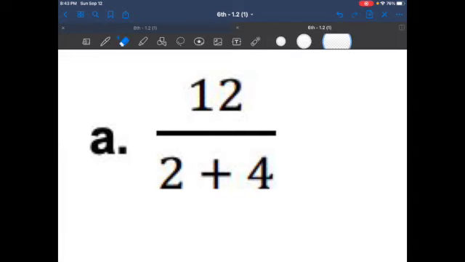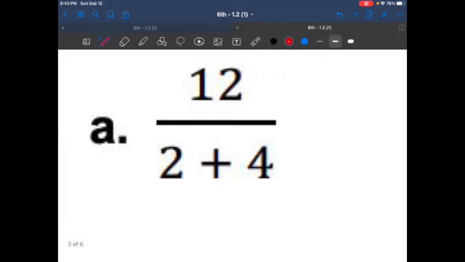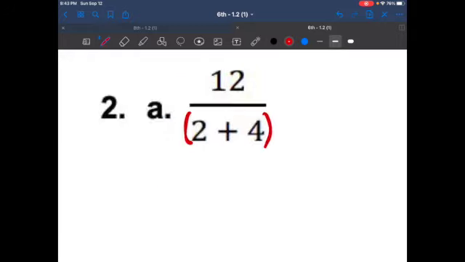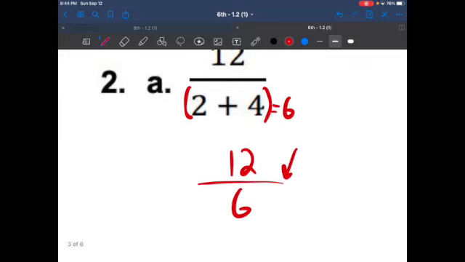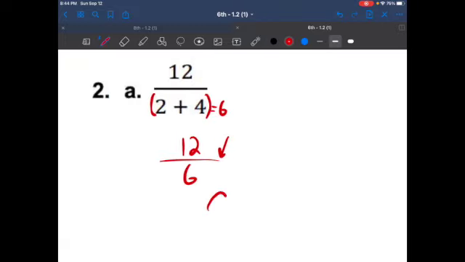So 12 stays the same, but we do have 2 plus 4. What is 2 plus 4? That's going to give us 6. So let's rewrite the problem. We now have 12 divided by 6. That's not 12 over 6, but 12 divided by 6. And what is 12 divided by 6? That is going to give you 2.